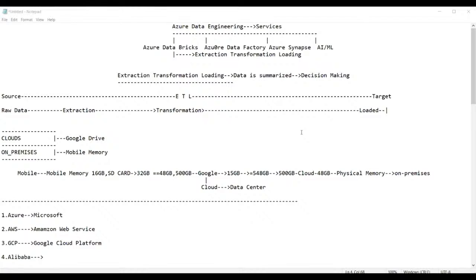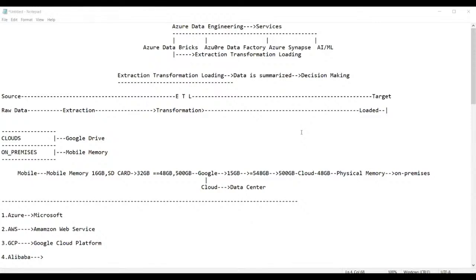Samit sir, ADB and ADF both are provided by Azure, right? Microsoft. What is the main difference between ADB and ADF? Basically, if there is a project where you are going to use ADF and ADB both, ADF is used for the data ingestion process, up to the insertion of the data only.